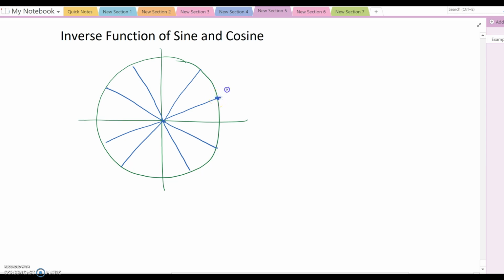So this coordinate becomes root 3 over 2, comma, 1 over 2. Of course this will be 1, comma, 0, by the way.